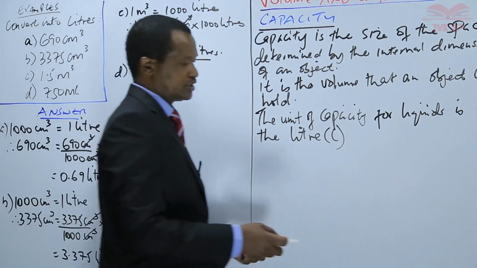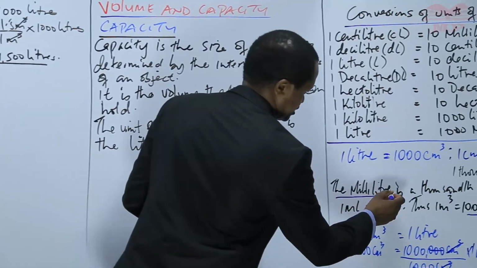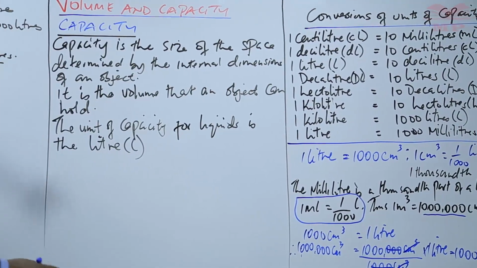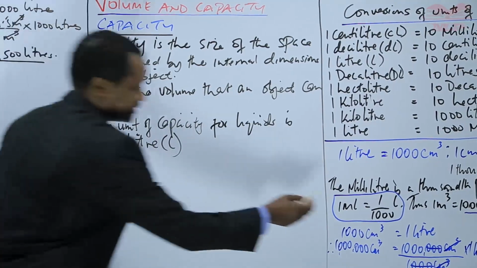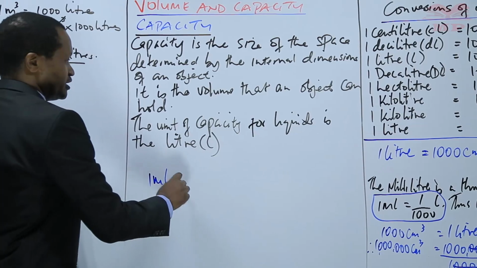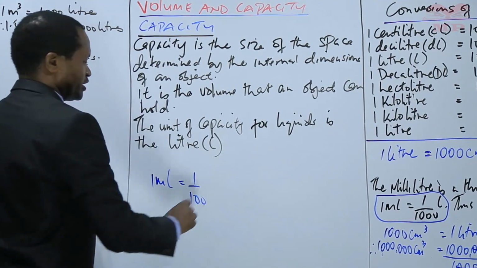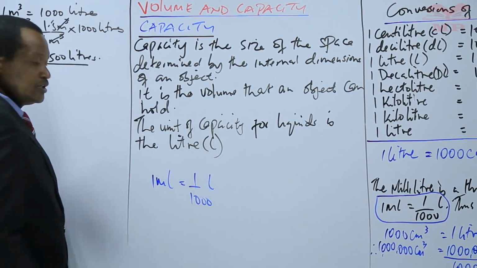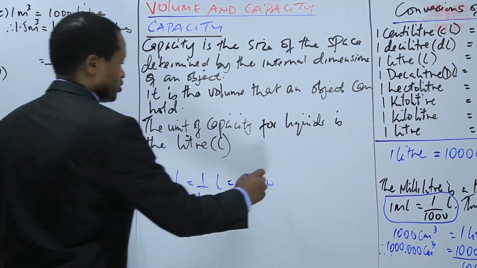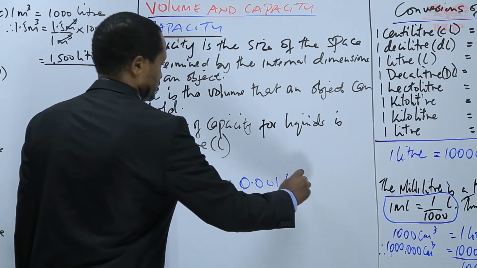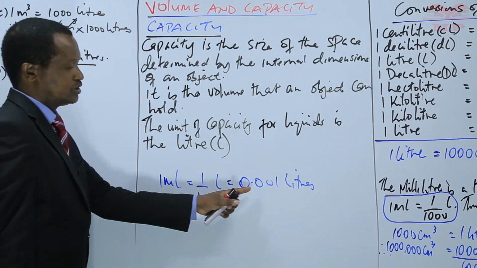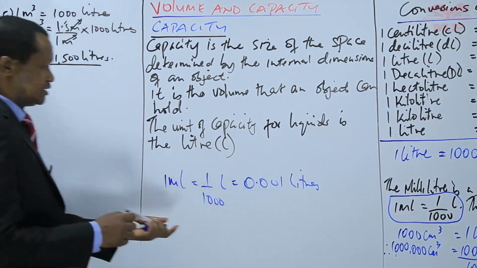This is what we discussed here. 1 milliliter is equal to 1 of 1,000 liters, which is the same as 0.001 liters.